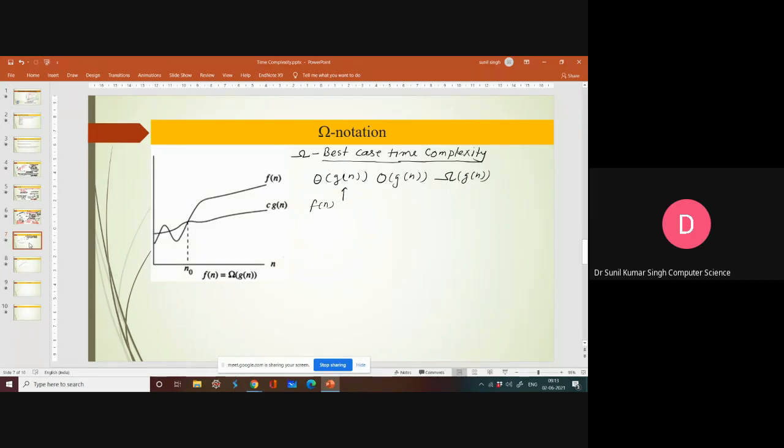What is the meaning of f(n) can take each and every value? Suppose that these are the functions here, C1 g(n) and C2 g(n). So f(n) can touch them, maybe if it is going down it can touch, but it cannot go below C1 g(n), and it cannot go above C2 g(n).